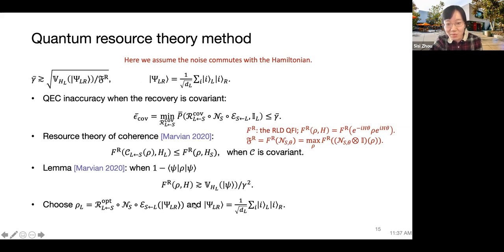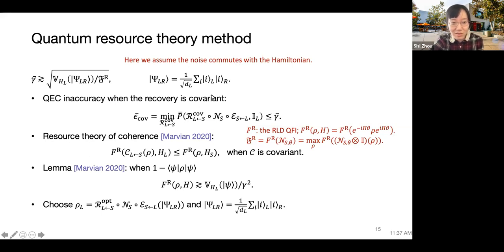And we'll just take the input to be the maximally entangled state, and then using this monotonicity, we can get this type of lower bound of gamma bar. But again here we need an additional assumption that the noise commutes with the Hamiltonian, which is actually satisfied by many important noise models.